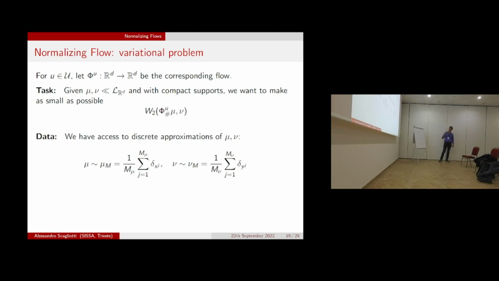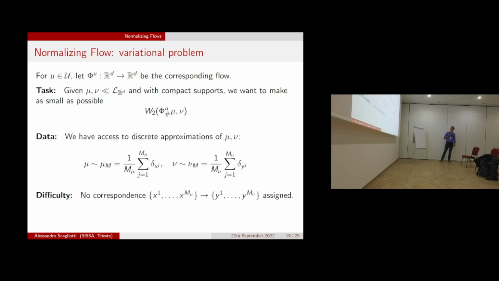I just want to stress that sampling from mu is cheap. So if needed, we can enlarge our data set in our empirical probability measure mu_m, while sampling from nu_m is extremely costly, or we cannot have further data.